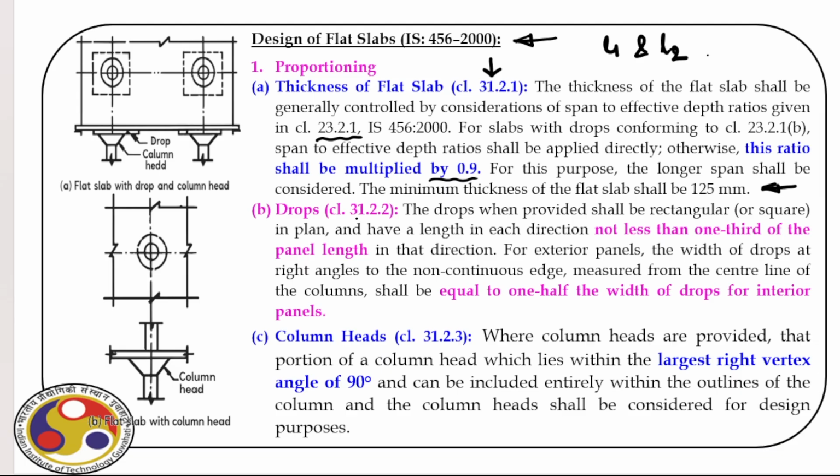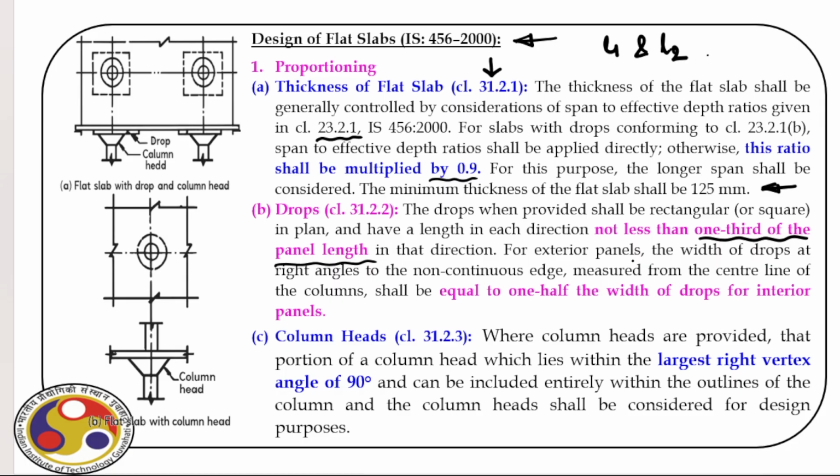that is given in clause number 31.2.2. The drop when provided shall be rectangular or square in plan and have a length in each direction not less than 1/3 of the panel length. Okay, recall this, not less than 1/3 of the panel length in that direction.